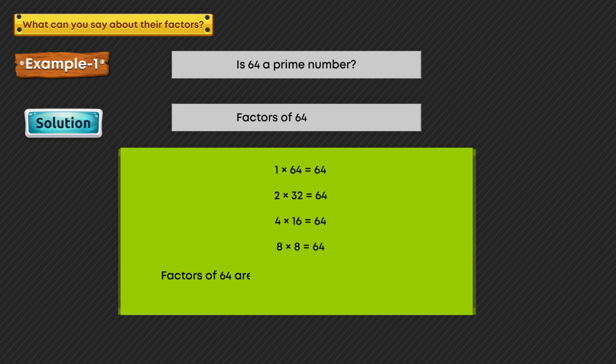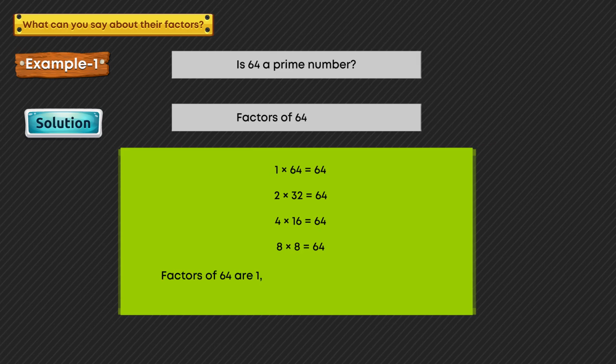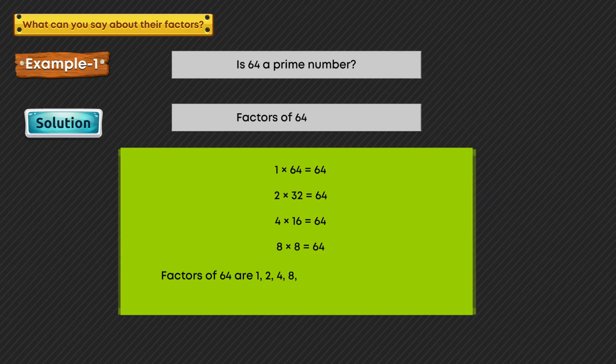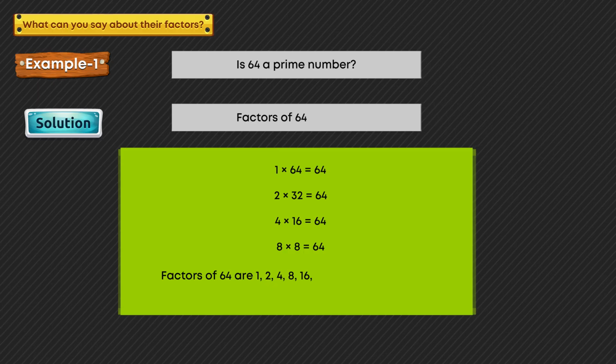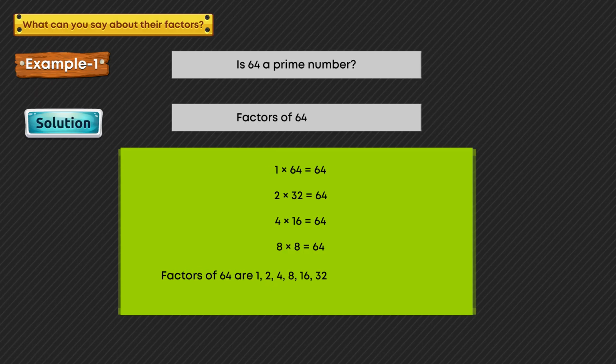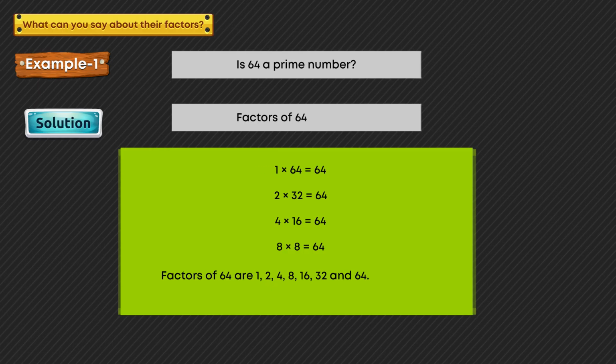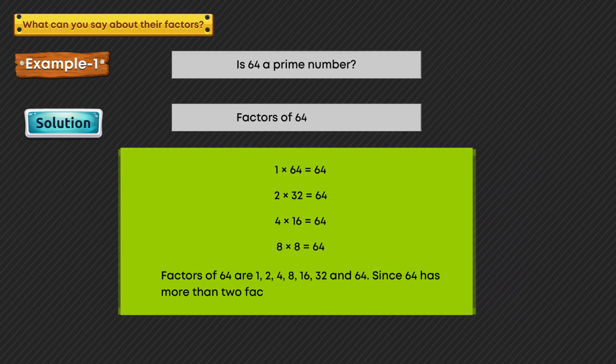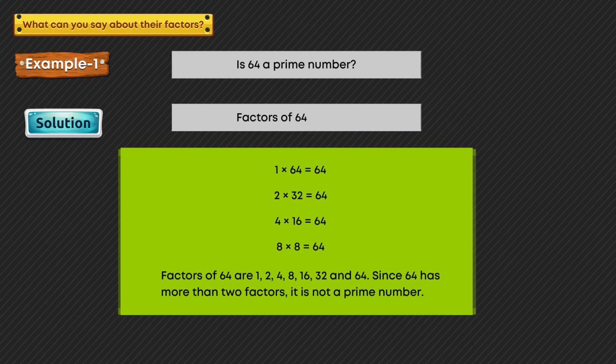Factors of 64 are 1, 2, 4, 8, 16, 32, and 64. Since 64 has more than 2 factors, it is not a prime number.